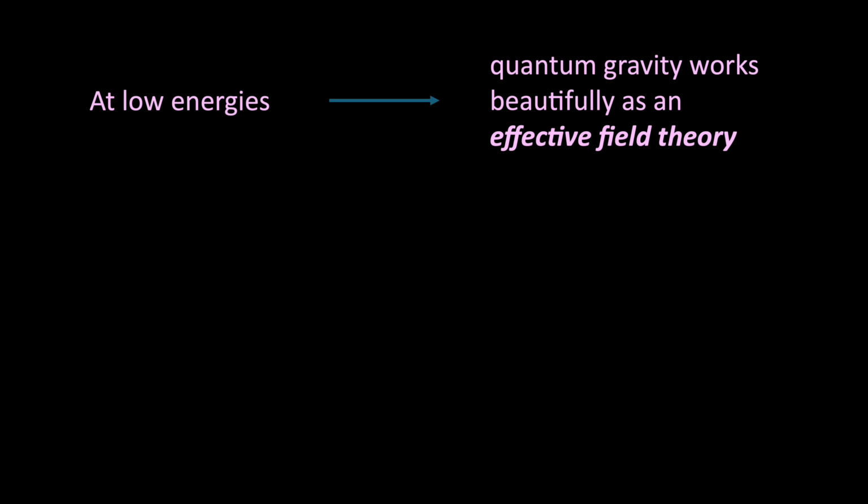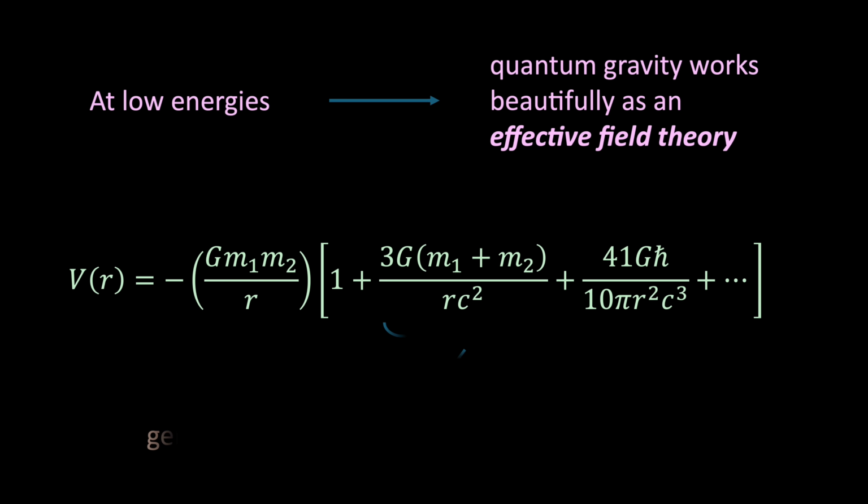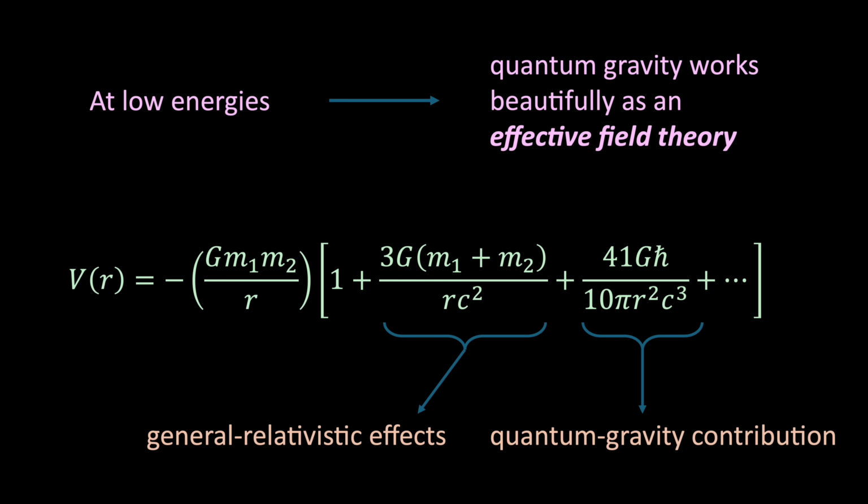The potential between two non-relativistic point masses is found to take the following form, where the first correction comes from general relativistic effects, while the term proportional to h bar is the genuine quantum gravity contribution. These results arise entirely from the low energy part of the theory. They are not guesses about the Planck regime, but concrete testable predictions of quantum gravity in the weak field limit.